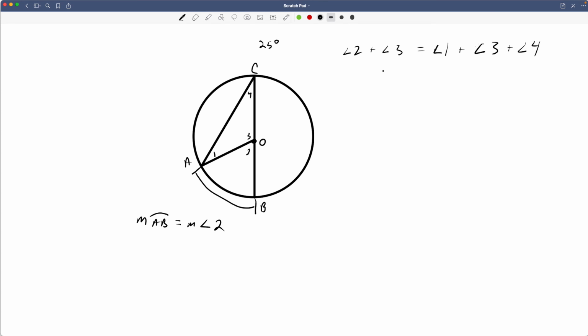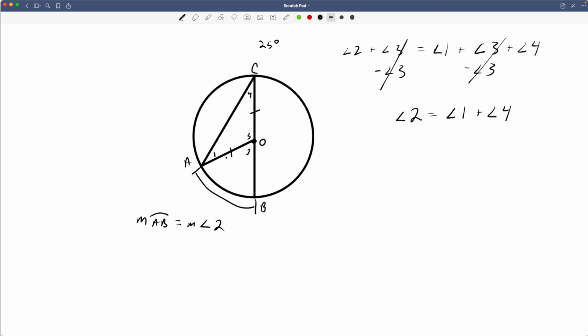If I subtract the measure of angle 3 from both sides, that cancels. So I'm left with the measure of angle 2 is equal to the measure of angle 1 plus the measure of angle 4. Now that in and of itself does not mean that these two are the same value, but we know from the center of the circle to its circumference, those are radii. And because they are radii, they're congruent.